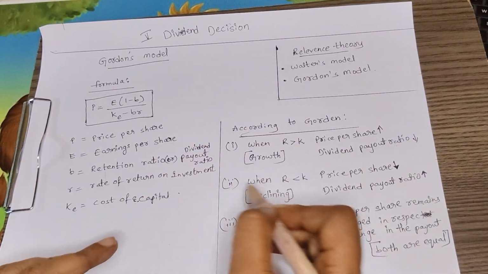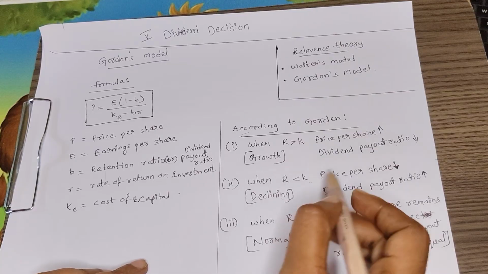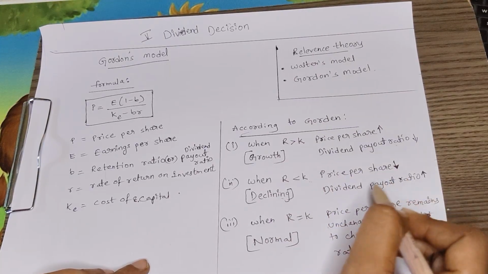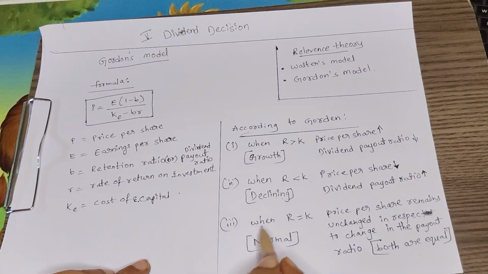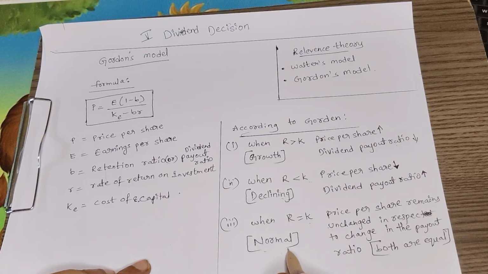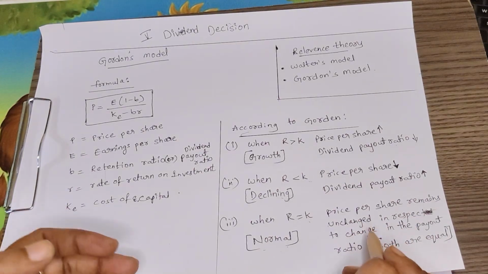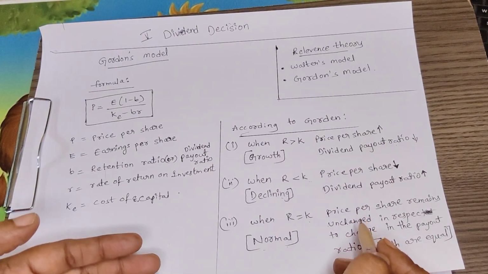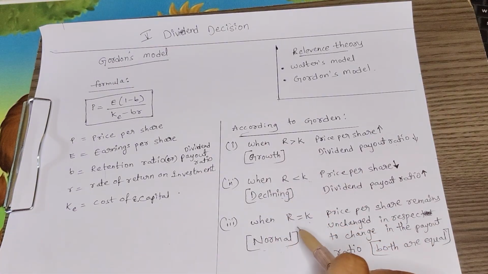If it is a declining form, R is less than K, which means price per share decreases and dividend payout ratio increases. Then R equals K is normal form. Price per share remains unchanged in respect of change in the payout ratio. That means both are equal. You need to follow these 3 forms while calculating Gordon's model.